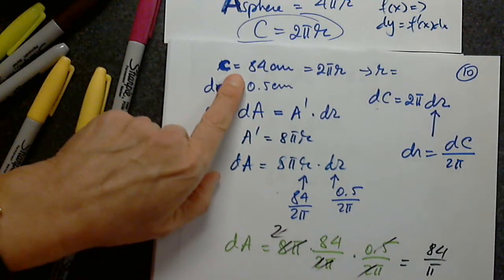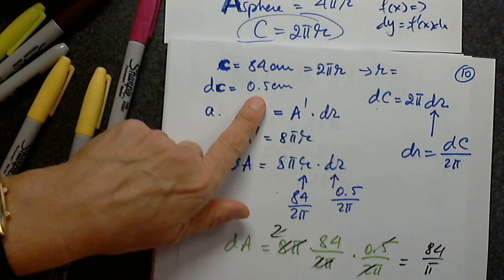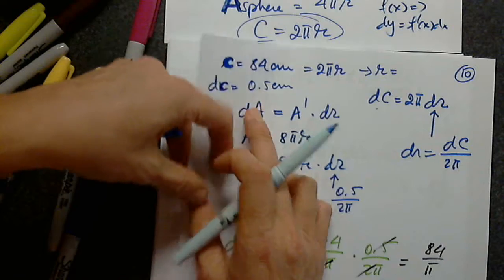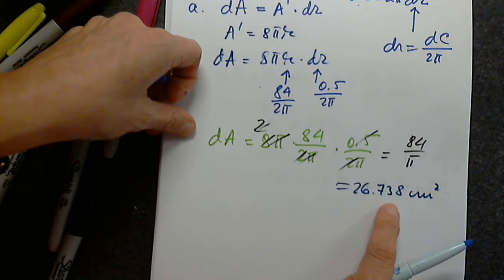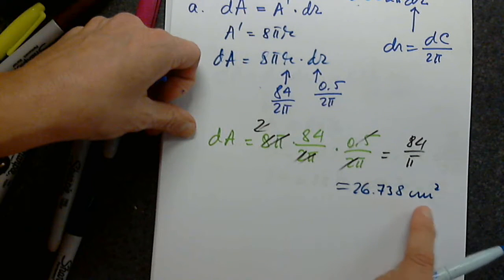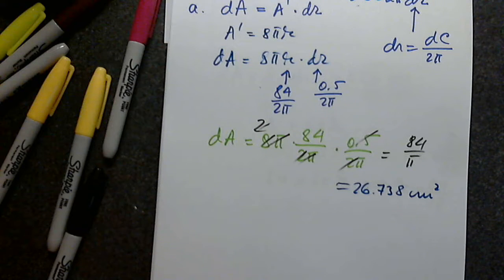So when the circumference is exactly 84, but there is an error of 0.5 centimeters, that error will trigger an error in the measure of the surface area of 26.738 squared centimeters. It doesn't matter if it's positive or negative. So it's the same. Yes.